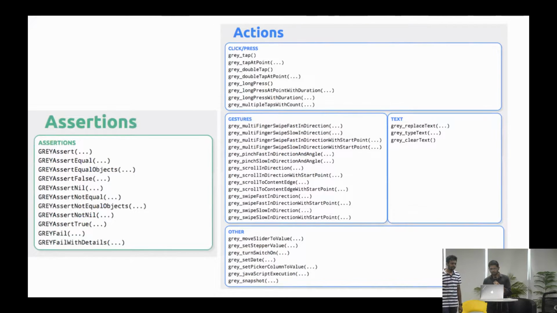So we have those actions here: replace text, clear text, tap the button, double tap, swipe. And then the last part comes assertions. The most famous assertion is: is my component visible or not? Then we can assert on text, and then various other objects.